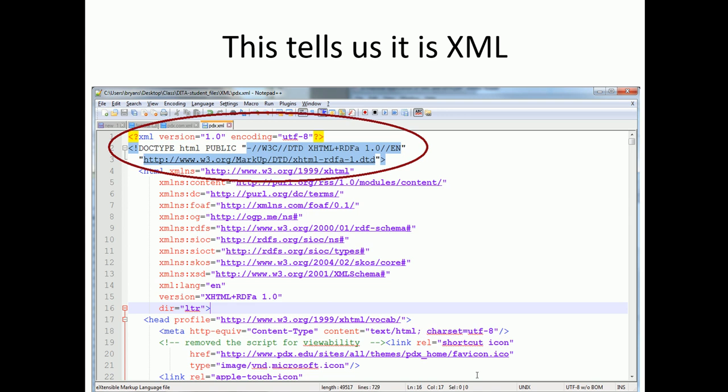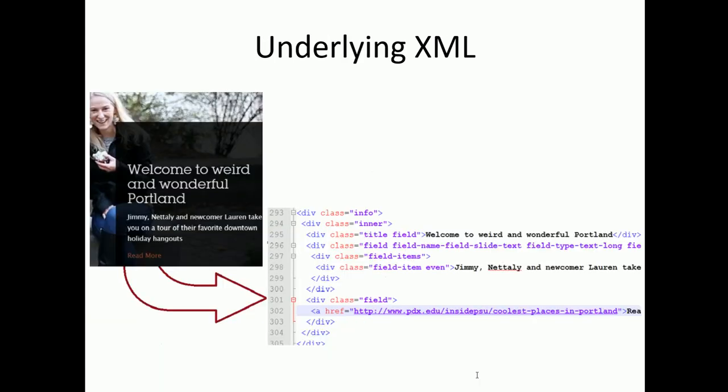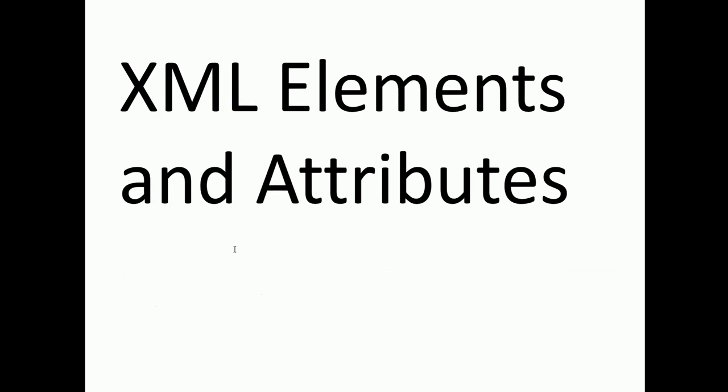The fact that we have a doctype declaration that refers to a DTD here tells us that this is XML. The underlying XML, on the right-hand side, has this div with some XML elements in the form of HTML. And when we render that in the browser, it shows as nicely formatted information.